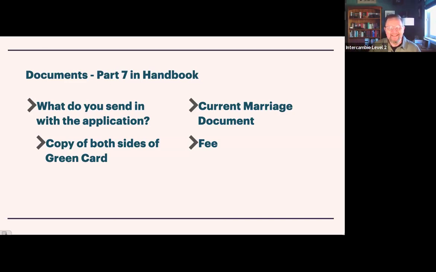For example, the word date in Spanish is fecha. So above the word fecha, you would write DATE. The word for name in Spanish is nombre. So above the word nombre, you'd write NAME. That sort of thing. Translate the important pieces of information into English.